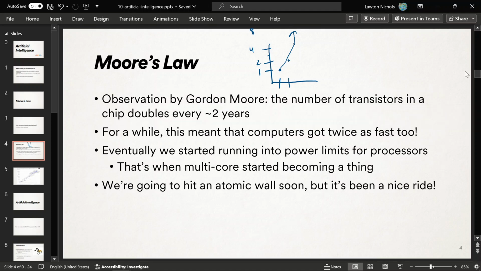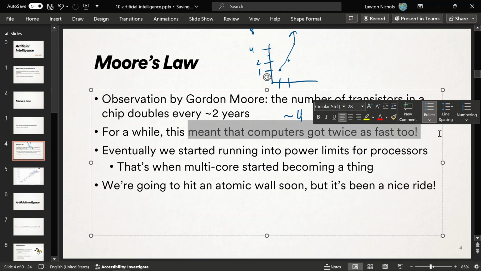So the way that we measure speed of a processor is in hertz. Maybe you have a 2 gigahertz processor in your computer. The fastest ones we have these days are about 4 gigahertz, I would say, consumer grade, if you don't overclock them at least. And so eventually, this didn't continue.